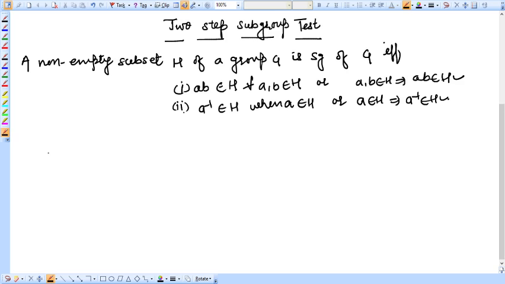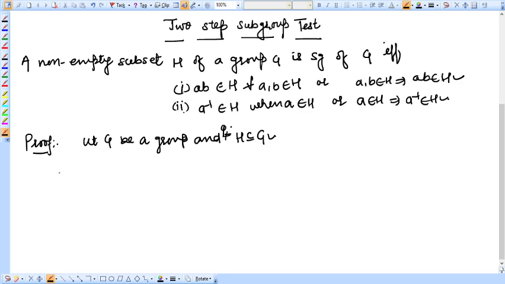So we are going to prove this, and the proof is very similar to the one step subgroup test, right? So I will not be going into detail, I'm just overviewing the proof. Okay, so firstly let G be a group and H be a non-empty subset of G, right?